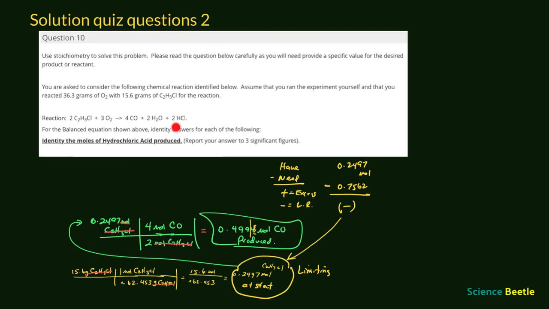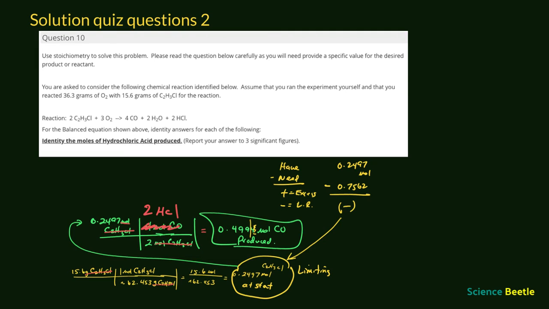So that's 2 moles of HCl produced for every 2 moles of limiting reactant consumed. That means the only thing we need to identify is the numerator. If I just update this here, you could have easily done this on your own sheet. We're going to say 2 moles of HCl. Obviously that's going to change the answer, so let me get rid of that answer because this is going to be completely different.